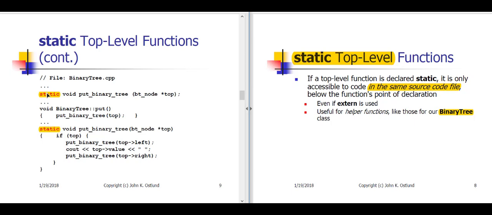If we declare the helper function static, then the helper function can only be used by the functions within this source code file. In this case, this is our binarytree.cpp implementation code file for our binary tree class. Okay, so this is a very common technique for defining functions that can be accessed by other functions in the same file, but that cannot be accessed by other functions outside of this file in other parts of the program.